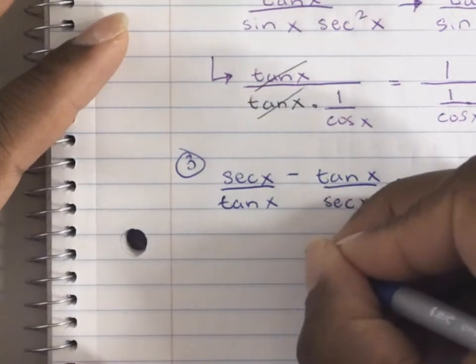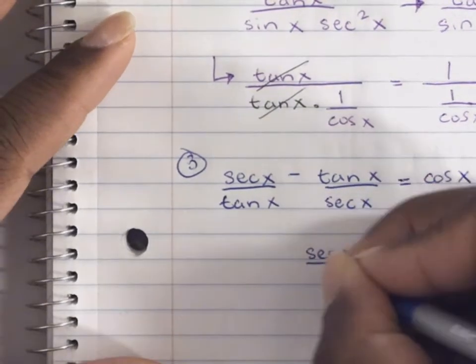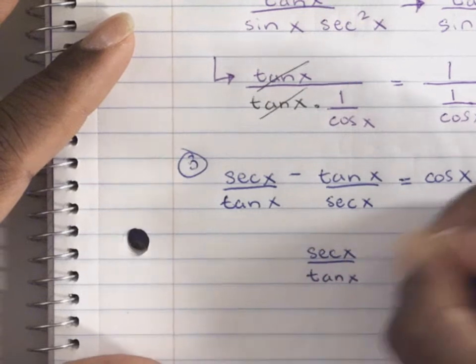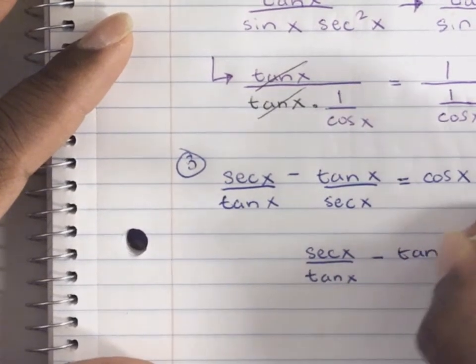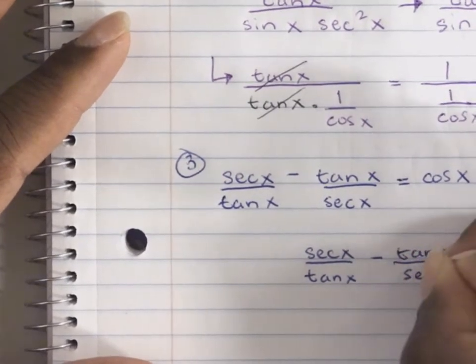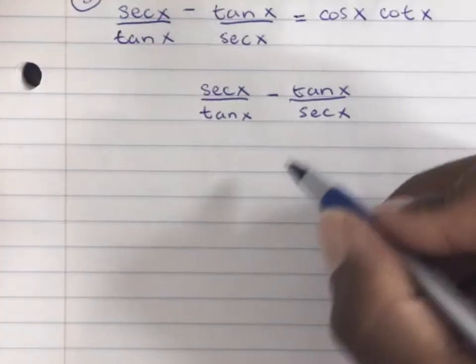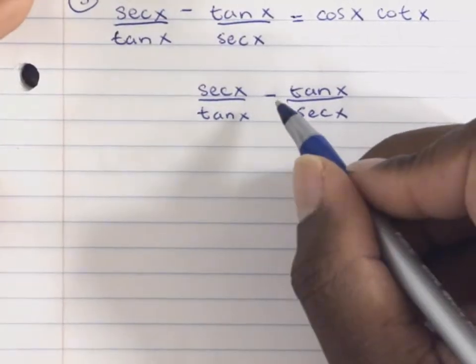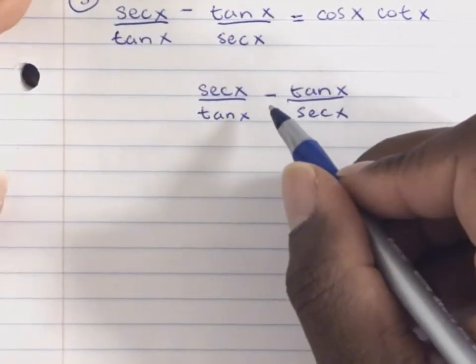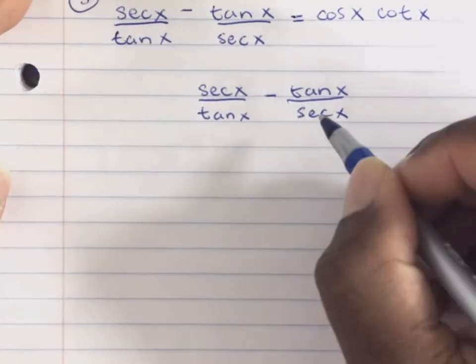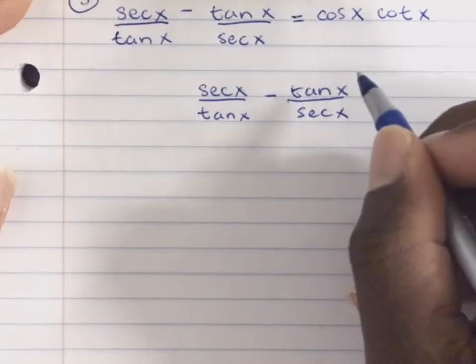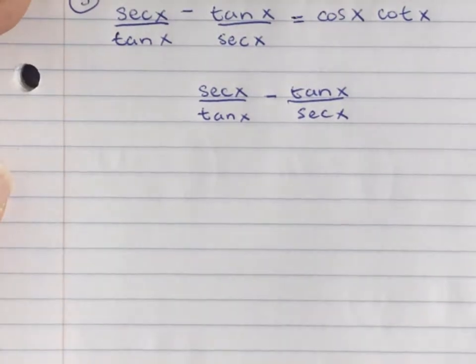I'm starting off with secant x over tangent x minus tangent x over secant x. Just for clarity, you can't cancel these two out because they're separated by subtraction, not multiplication. You would be subtracting these two, which means you will put the denominators together.